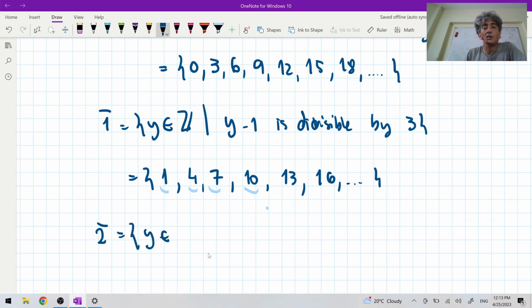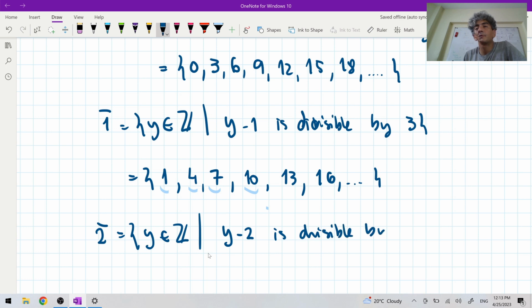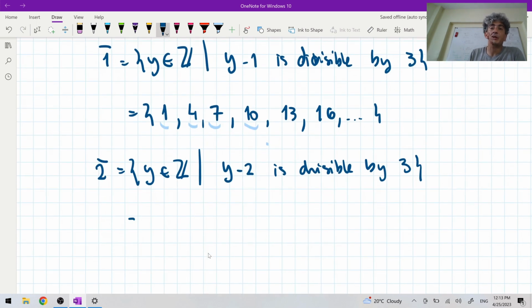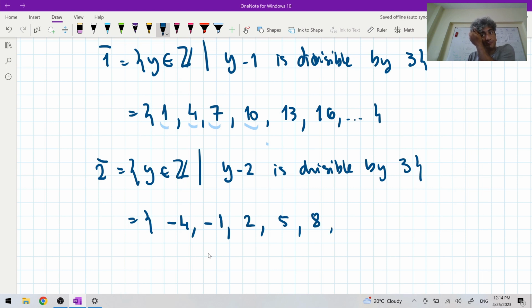It's the collection of integers such that y minus 2 is divisible by 3. So it's a collection of numbers such that every time you subtract 2, you get a number that's divisible by 3. And you have, for instance, minus 4, minus 1, then you have 2, then you have 5, 8, 11, and so on.